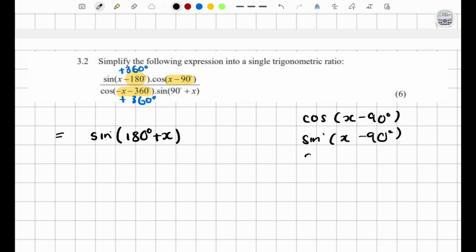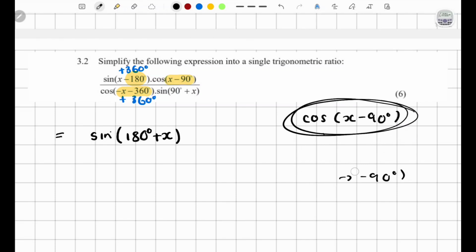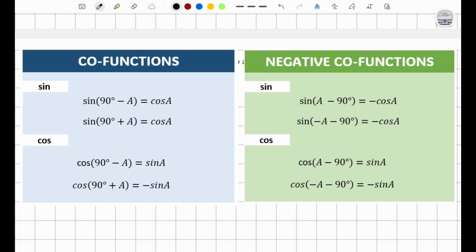It works for the sine of negative x minus 90 and even cos of negative x minus 90, but it will not work for this one. And that's why it's important to understand how this simplifies. So I will still put up the formulas of cofunctions up. So here they are. But you also need to know how to simplify it.